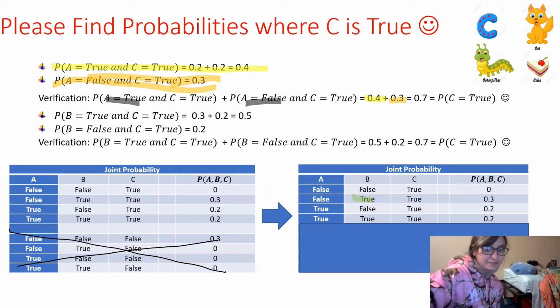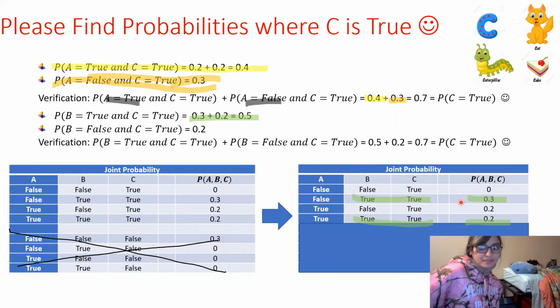So if B is true, this part here is just 0.3 plus 0.2. It doesn't matter here what A is. So the probability B is true and C is true is just this 0.3 here plus this 0.2 here, which is 0.5, 50% of the time. Again, we're controlling for any value of A, the false value, which is the 0.3 part, and when A is true, which gives us the 0.2 part.